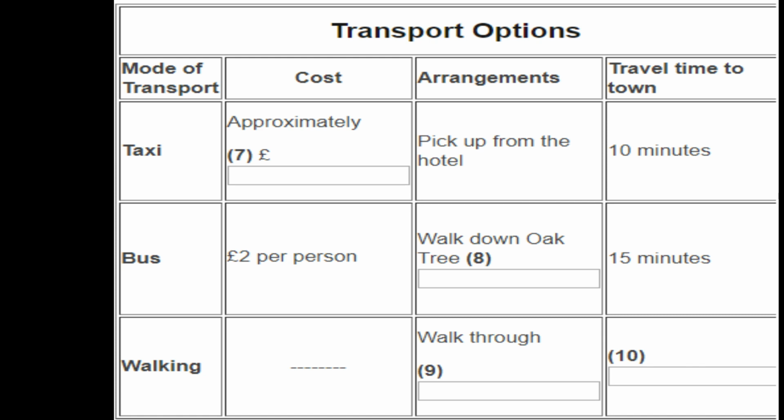Right, I see. What about the bus? How much is that and where does it go from? It's only £2 per person. It's not far from here. You go out of here, turn right onto Oak Tree Avenue, and it's about a 5-minute walk down the road. You can't miss it. The bus ride is about 15 minutes. Oh, OK.